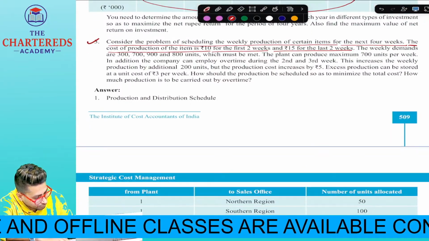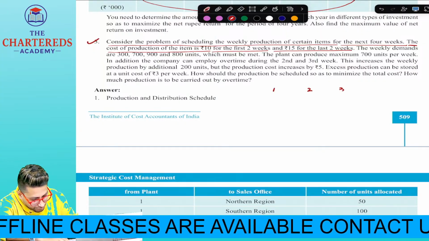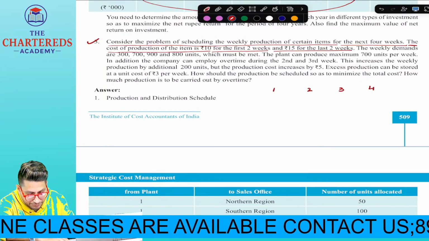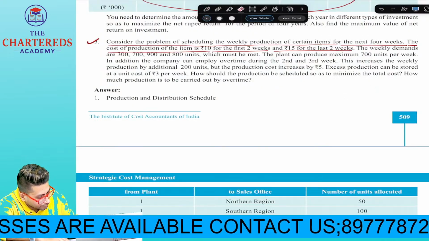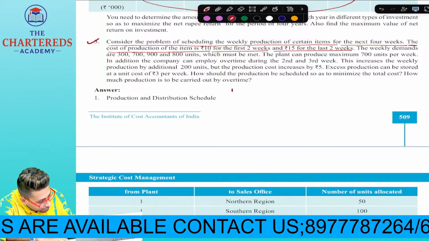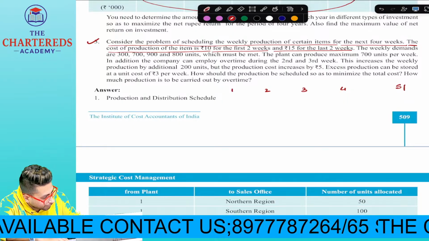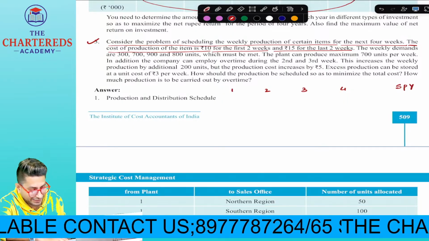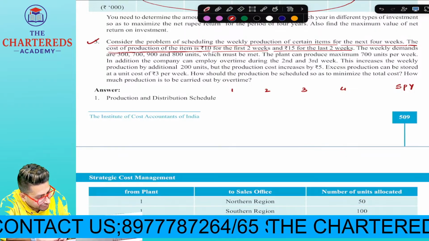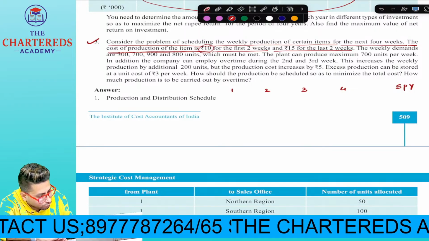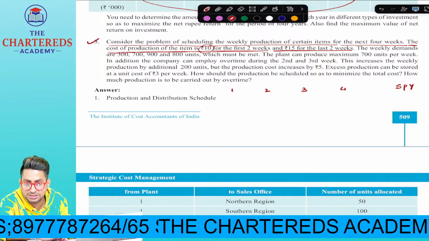Now, here only I'll do. See, week 1, week 2, week 3, week 4. Correct? Week 1, 2, 3, 4 and supply. Next, they are telling that the cost of production of this item is 10 for the first 2 weeks and 15 for the last 2 weeks.